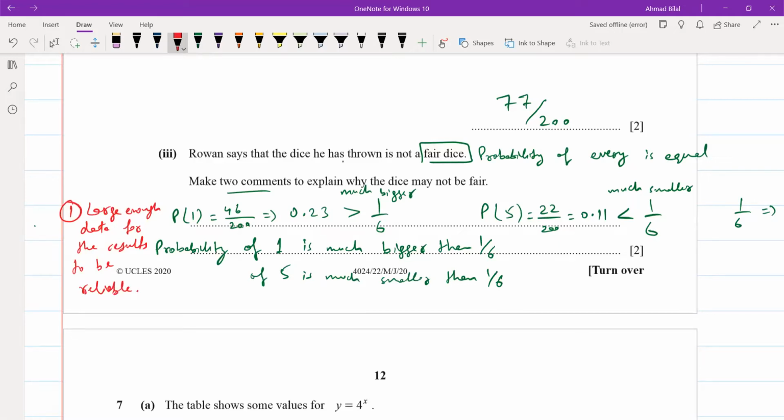So 1 mark would be on telling कि आपके पास sample is large enough, क्योंकि it's a big number 200.